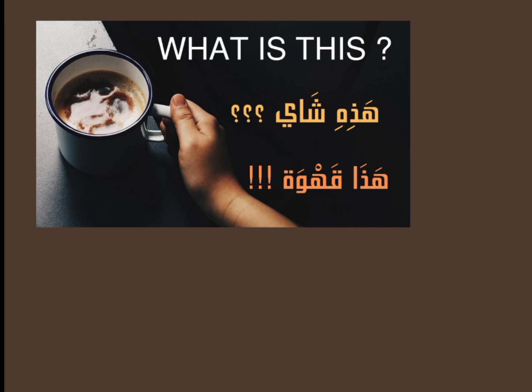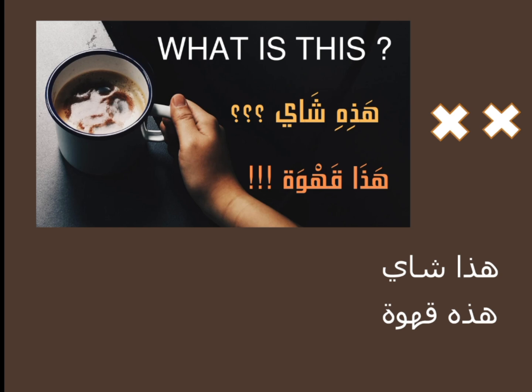And قهوة is a feminine word. We will use هذه with it. So this is a coffee means هذه قهوة. So the picture is completely wrong. هذه شاي or هذا قهوة is a completely wrong sentence. The right one is هذا شاي and هذه قهوة.